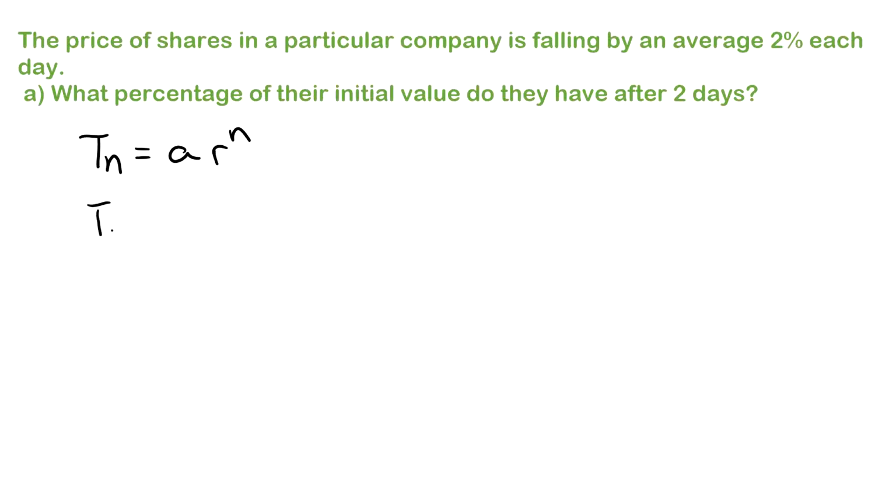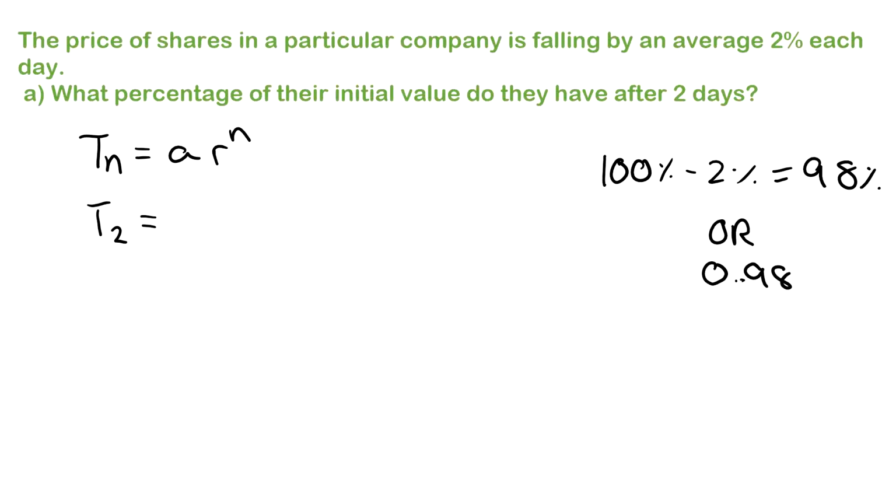So if we're after T2, A is 1, so we don't need to put it in. Now, it's going down by 2% each day, so every time we go down 2%, we have 0.98 or 98% left. We're not trying to find how much it's going down by, we're trying to find the new value.